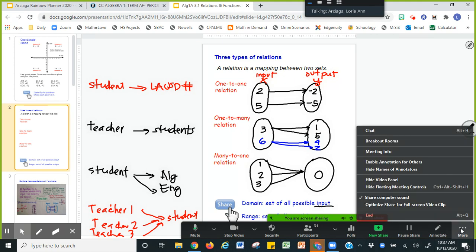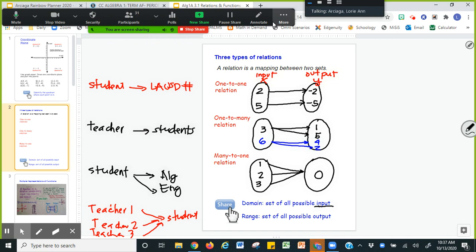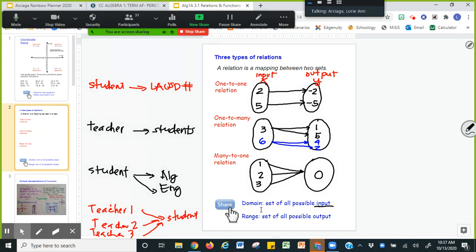So the domain is just a fancy name for input, while the output may also be referred to as the range. So domain is the set of all possible input, while range is the set of all possible output. What does that mean, and how do you represent that?